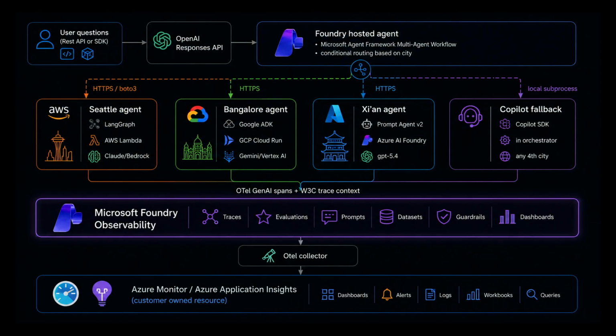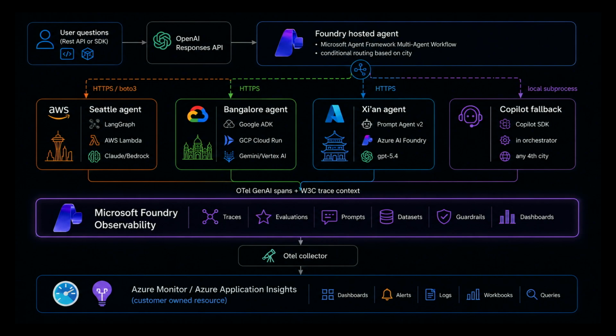And you can see that each sub-agent is running on a different cloud, with a different agent framework, but because all of them are emitting OpenTelemetry traces, Foundry Observability was able to stitch together the end-to-end execution and put everything in one unified trace. That's why, even though they are running across multiple clouds, it feels like everything is in one system.